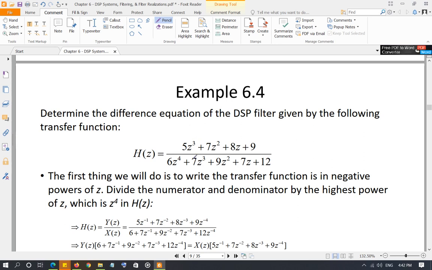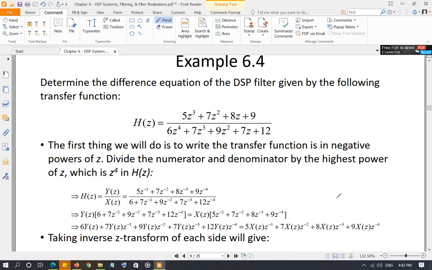To do that, you see what the highest power is in either the denominator or numerator. Here z to the power 4 is the highest power. So you divide both the numerator and denominator by z to the power 4. This is what I'm doing over here. I divided by z to the power 4.